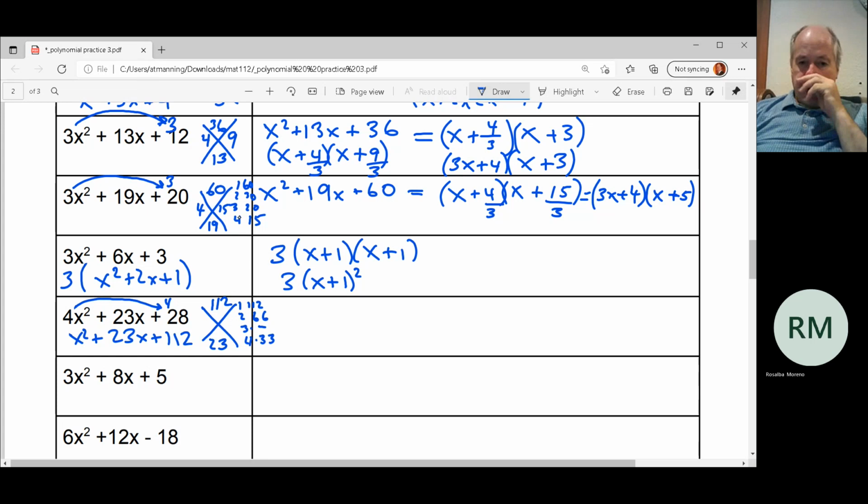Oh, the 33 is 3 times 11. Wait a minute, that's not 4 times 33. And it's not 2 times 66, it's 2 times 56. There we go, 56. That means it's 4 times 28. There we go, 4 times 28. 5 is not a factor.